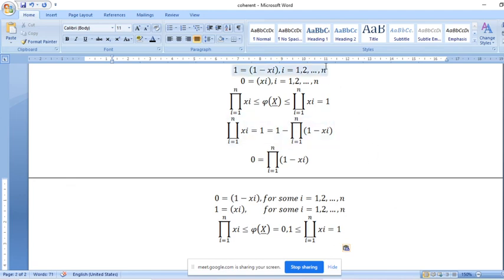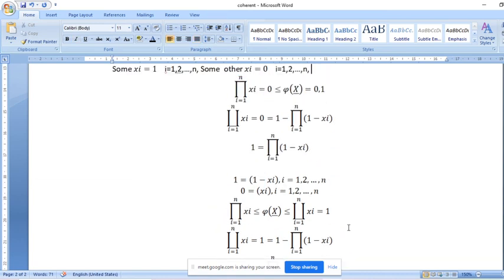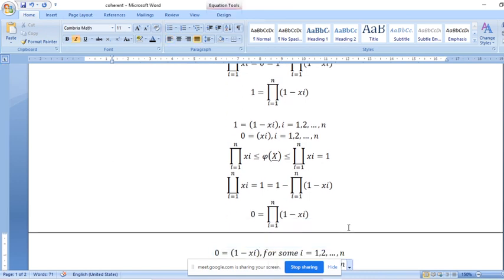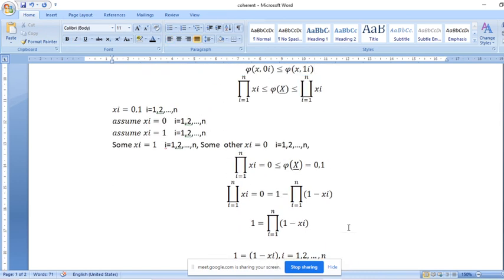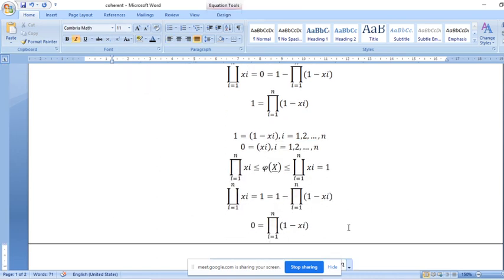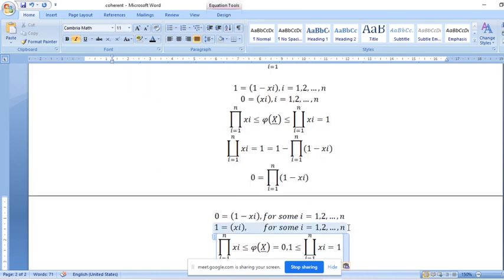That means when union xi equals 1, phi of x can be 0 or 1. We have discussed the two situations, when union equals 0 and union equals 1. I think this is sufficient for understanding that theorem.